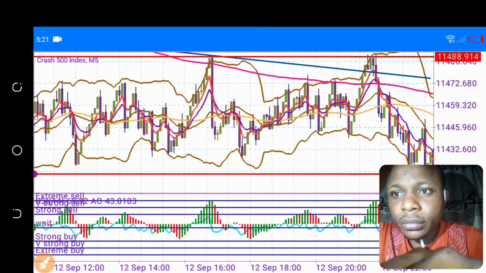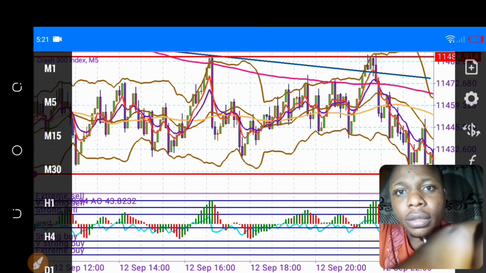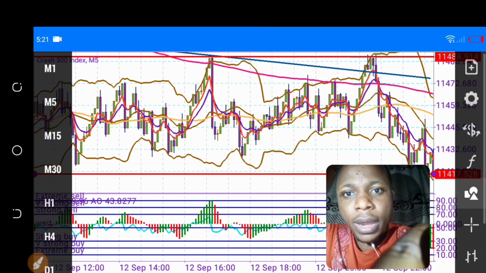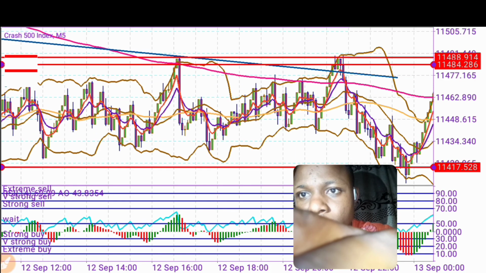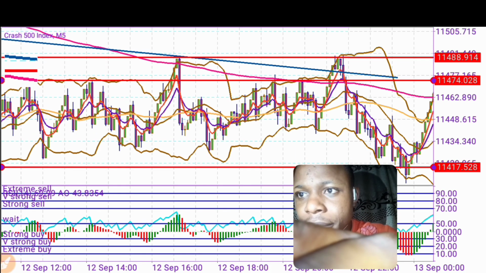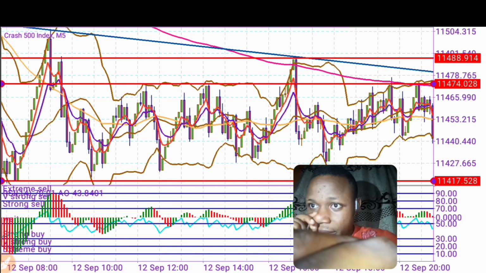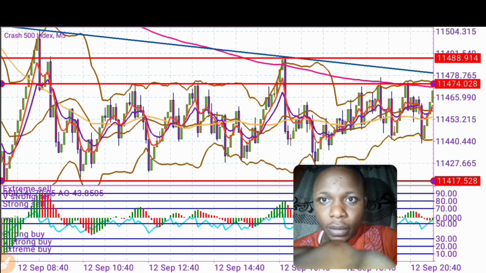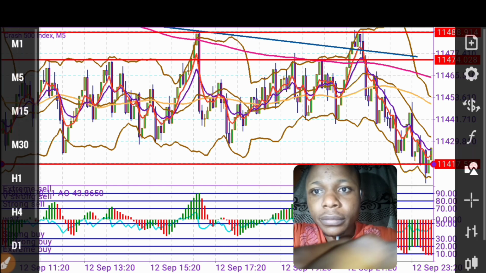So let's draw the lower high. This is the lower high. Let it touch at least 3. So we have 1, 2, 3, 4, 5. So we are good to go for that.